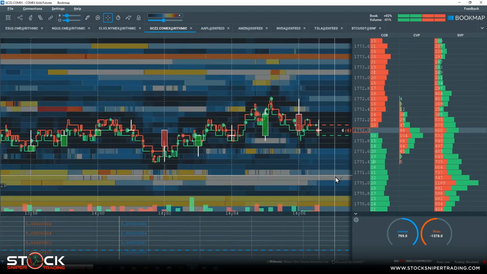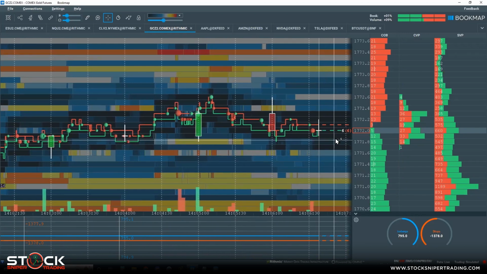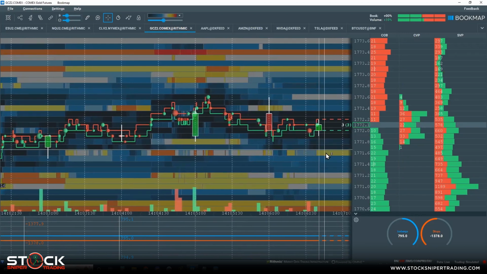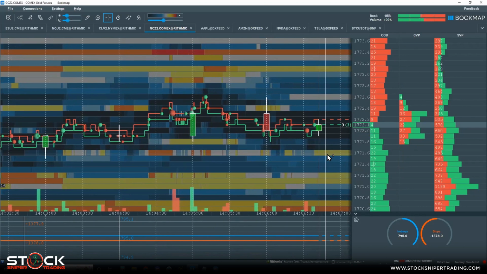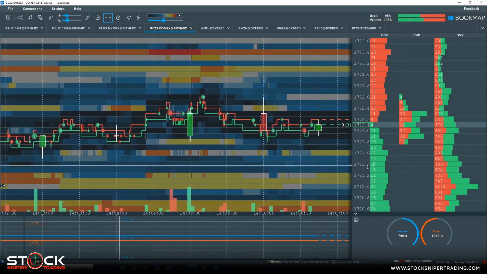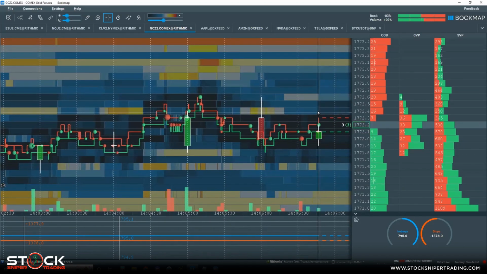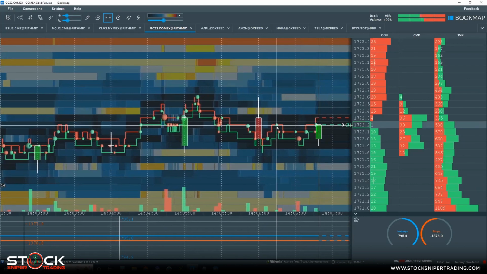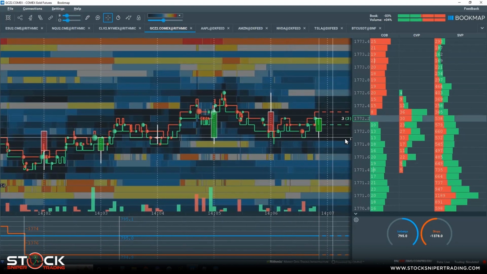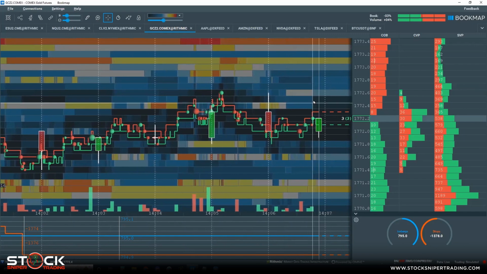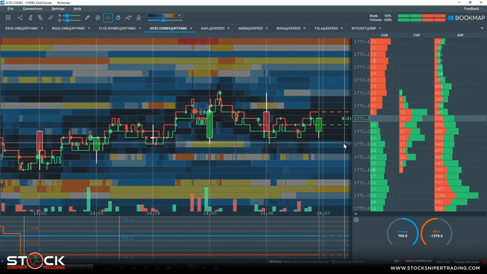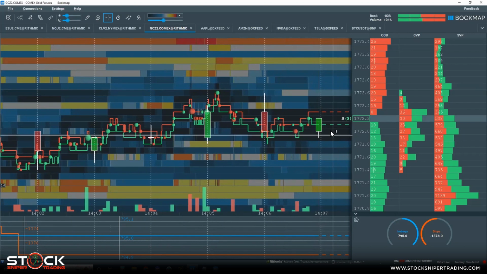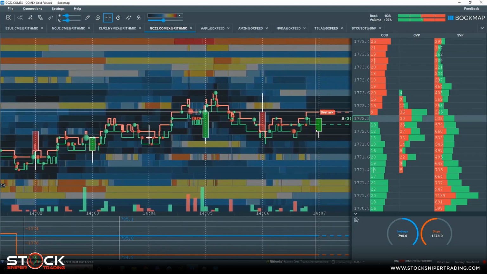Okay, now order book wise, we're between 40 and 60 here, so an 80 cents kind of tick range between liquidity. Now what we're looking for, see they're starting to pull here. That's a good sign. We want to see them add on the bid, and we're looking for our buyers.